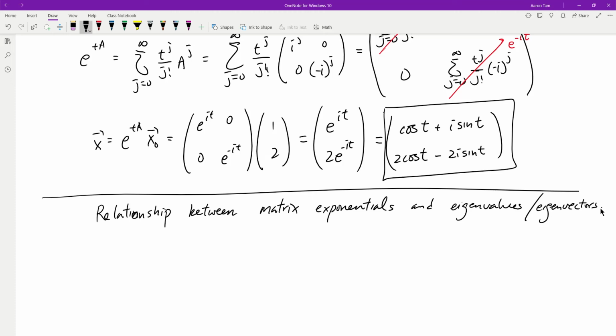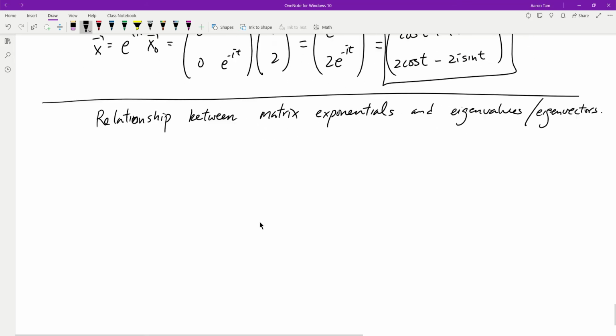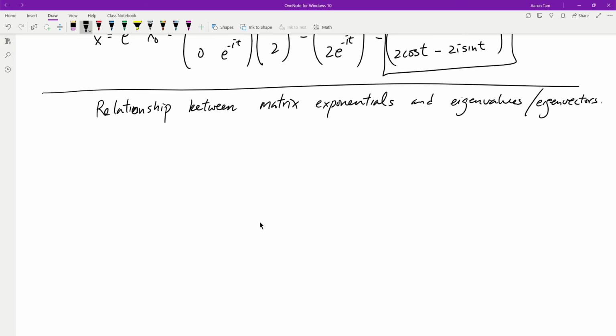There's a definitive connection between these two things, and we're going to exploit that to help us find the matrix exponential. Of course, we'll talk about the major issue: why it works out for most cases, but definitely not for all cases. We'll get to that. But let's see if we can identify the relationship between these two things.